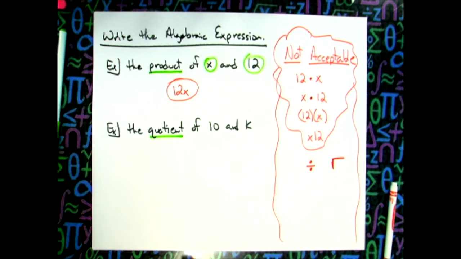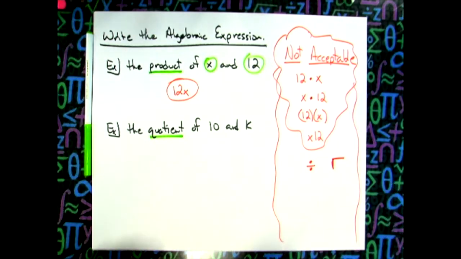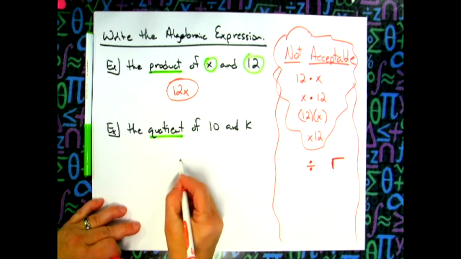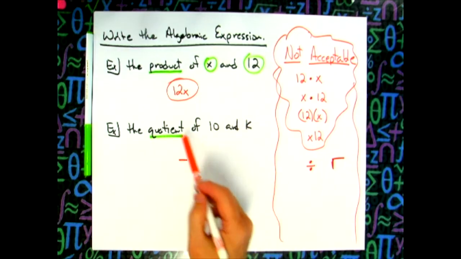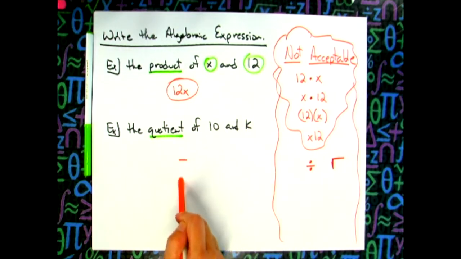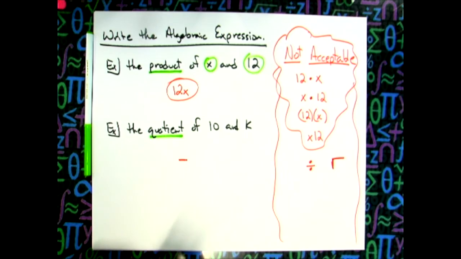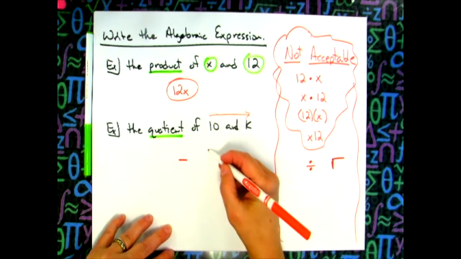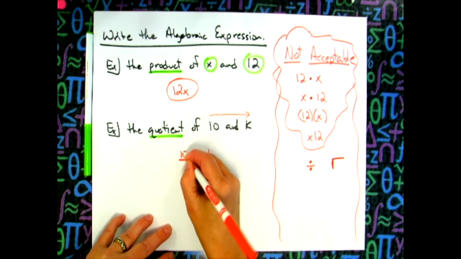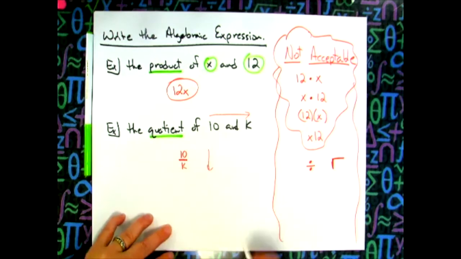So if I want to write the correct answer here, I'm going to use a horizontal bar, just like a fraction bar. And I'm going to put one of those numbers on the top. I'm going to put one of them on the bottom. The easiest way to remember this, if we're just trying to take the quotient of 10 and k, we read left to right. So when we read left to right, we go top to bottom. So that means the 10 has to be on the top and the k has to be on the bottom.